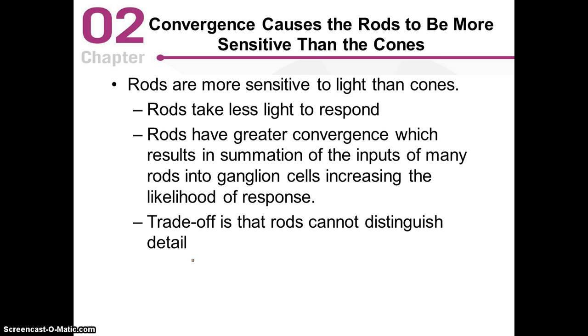Okay, so we've said a little bit about some of the differences between the rods and cones. We mentioned in the last video, rods are more sensitive to light, and we saw that also in our discussion of dark adaptation. What does that mean? It means that it takes less light for rods to respond. Rods can respond to a lower level of light, a less intense light than cones can.